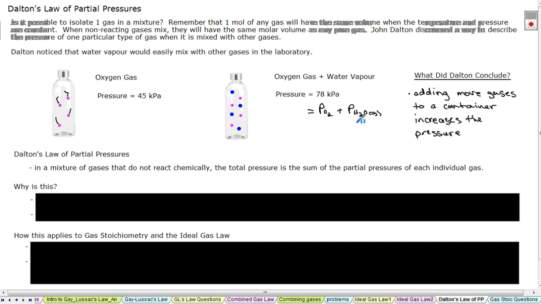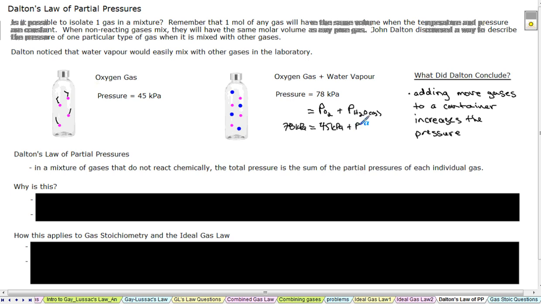And from this, we could determine the pressure of the water vapor pretty easily, because we know that the pressure in this fictitious case is 78 kPa for the entire mixture. We know the pressure of the oxygen by itself is 45 kPa.